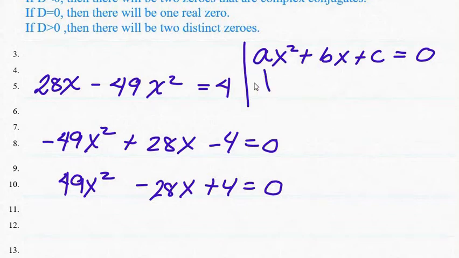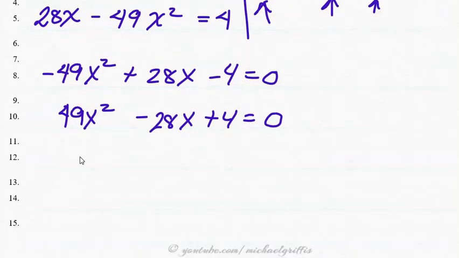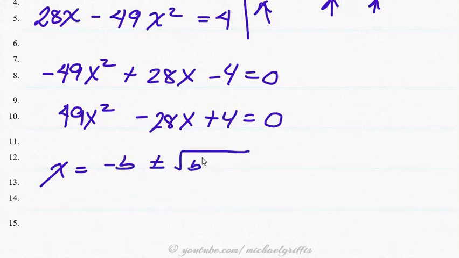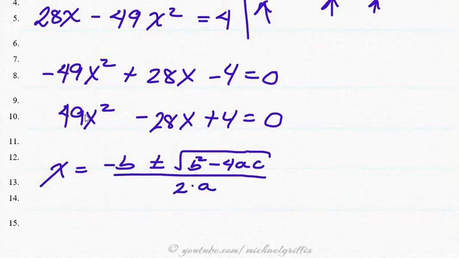Now, as you can see up here, we can identify our A, B, and C's for our quadratic formula. Remember what the quadratic formula is. It's x is equal to -b plus or minus the square root of b squared minus 4ac, and it's all over 2 times a.